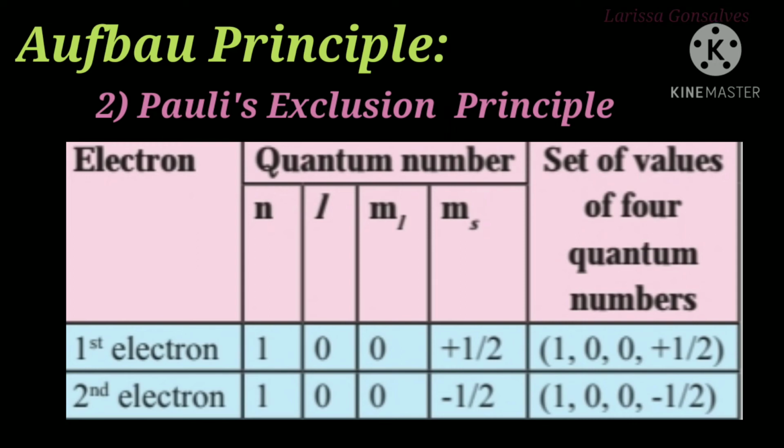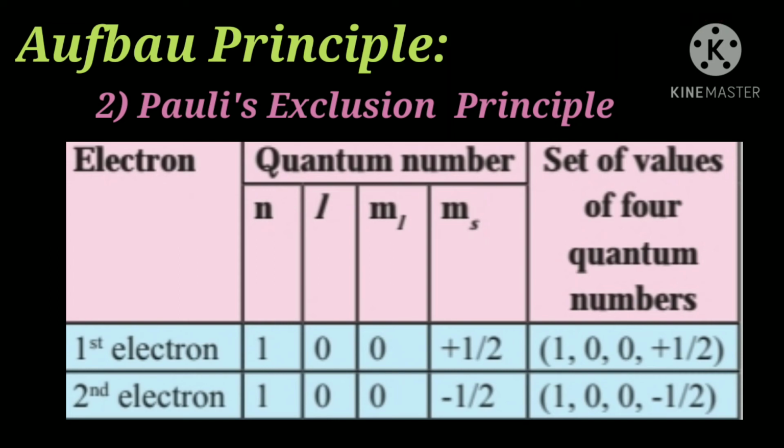In the case of the first electron, the spin quantum number will be plus half, and for the second electron it will be minus half. If you look at the set of values for the four quantum numbers, the first three, n, l and ml, are the same, that is 1 0 0, and the fourth quantum number, the spin quantum number, has a different value of plus half and minus half.